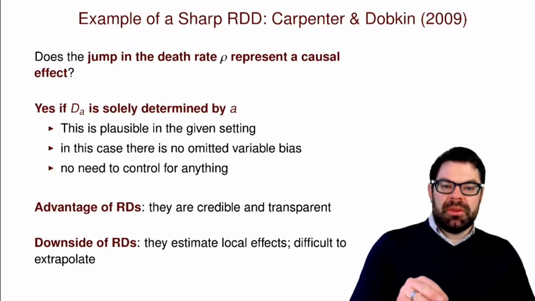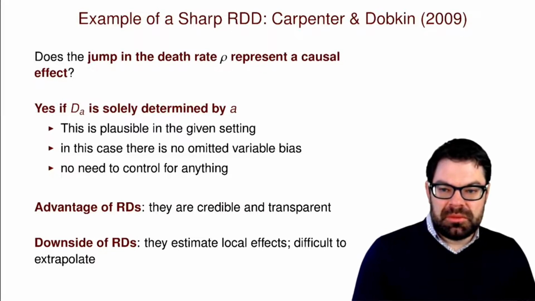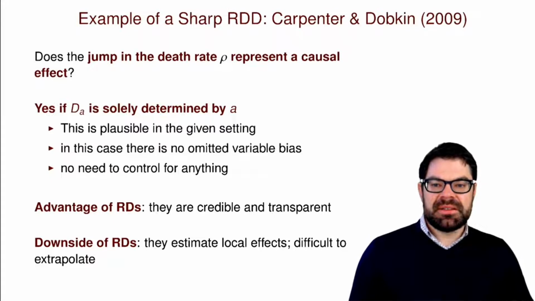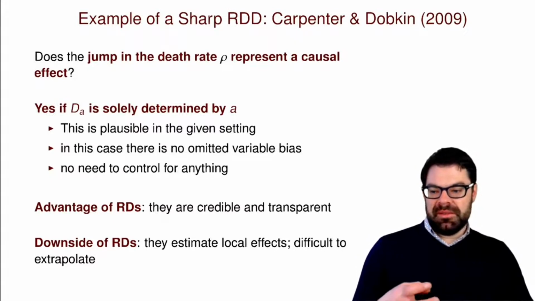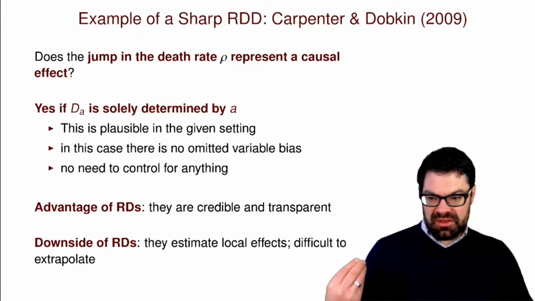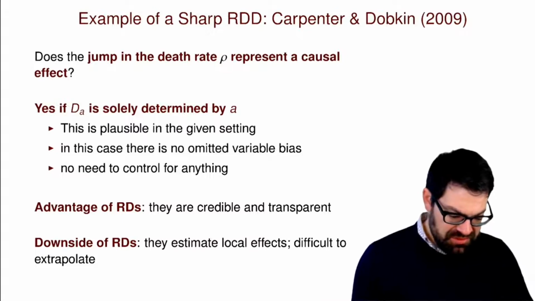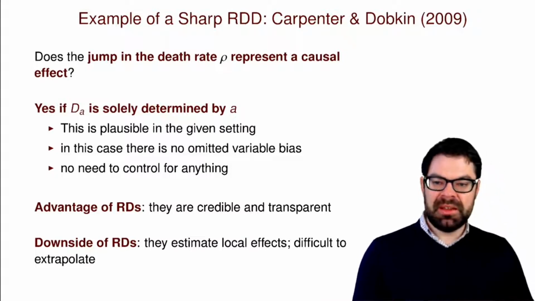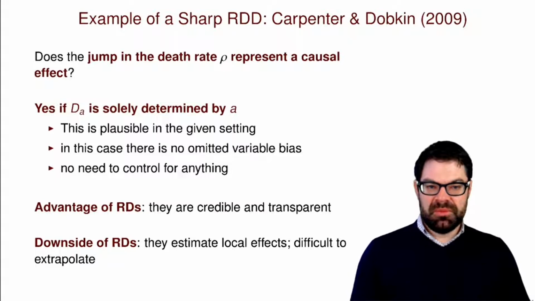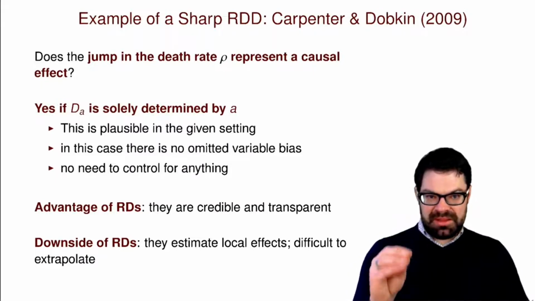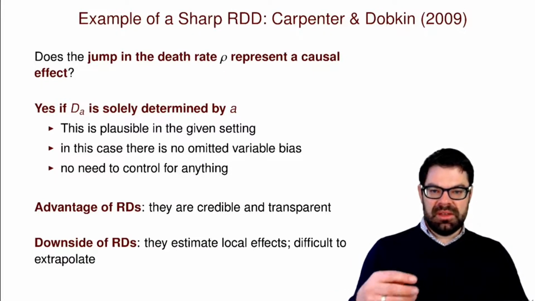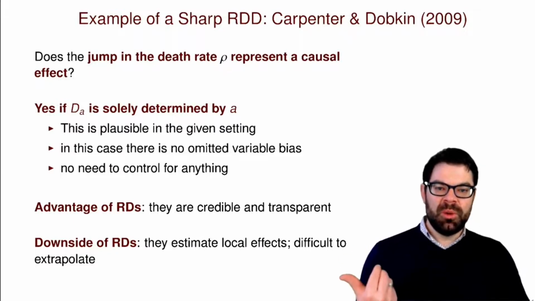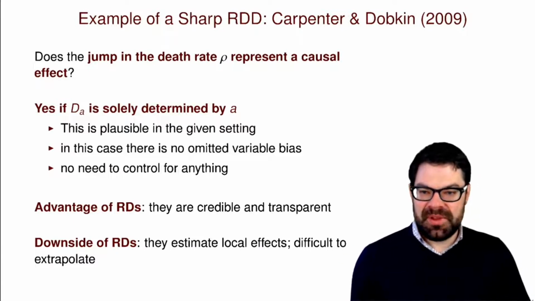Now, what we always have to ask ourselves is, are the assumptions underlying the regression discontinuity fulfilled in a given context? Only then does the estimate we're getting here for rho represent a causal effect.